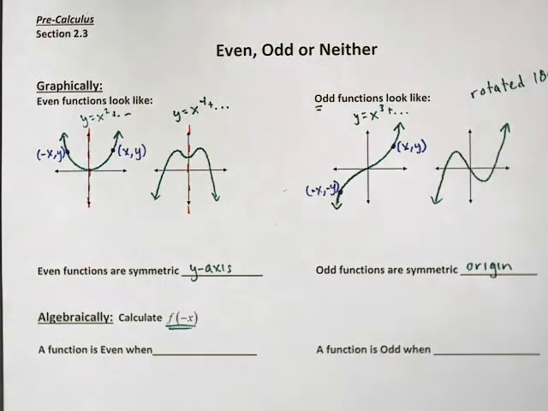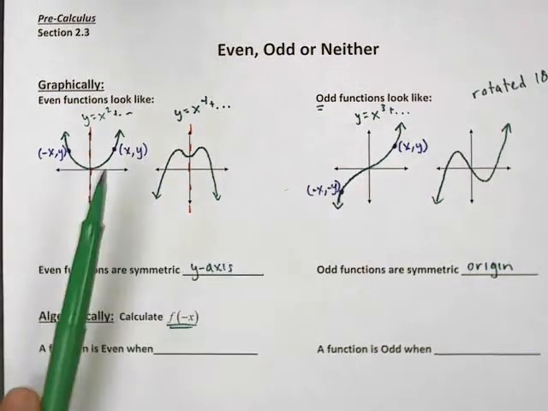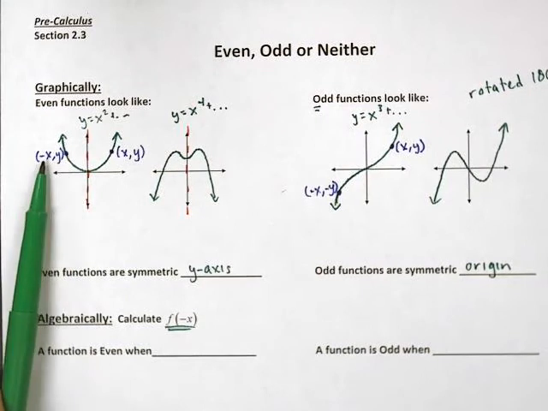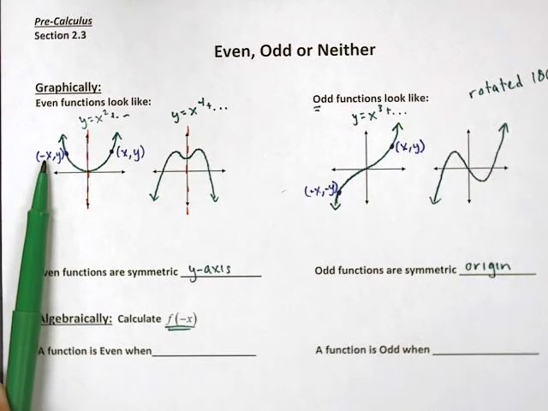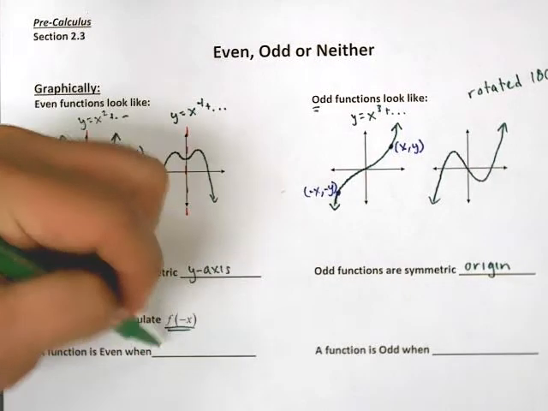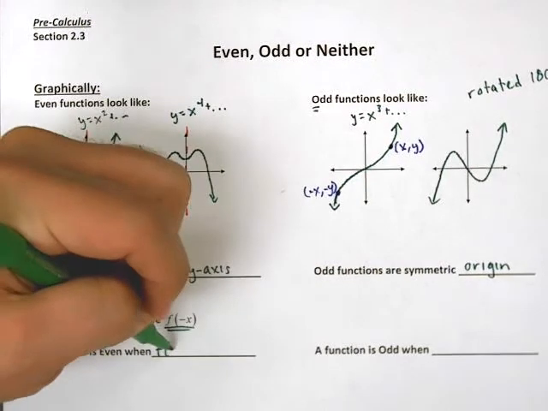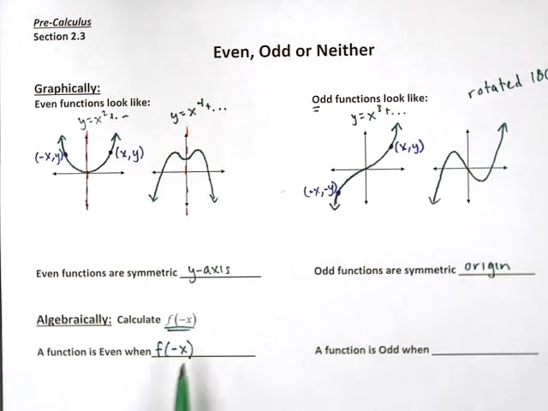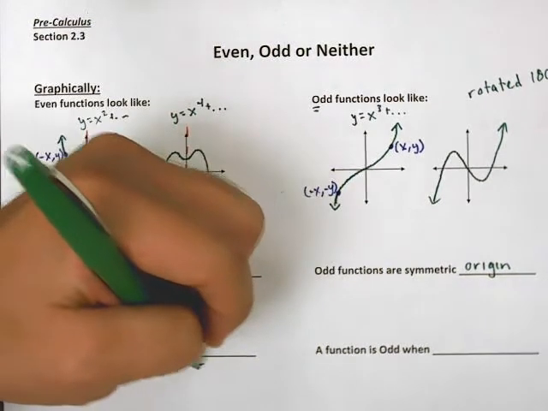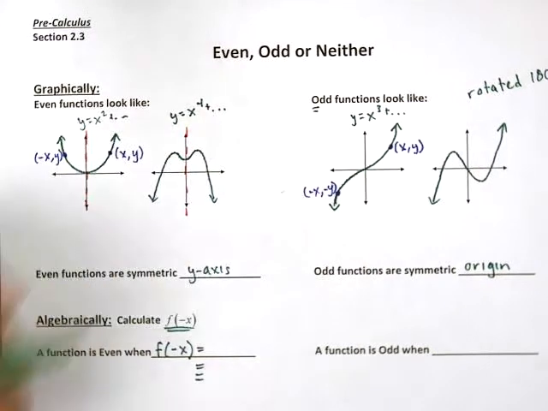All right, so what happened? What are we seeing here? If a function is even, then when we put in an input of negative x, we're supposed to get the same exact output. So we calculate f of negative x, we do a bunch of algebra, right? There's going to be a bunch of steps. And what happens?